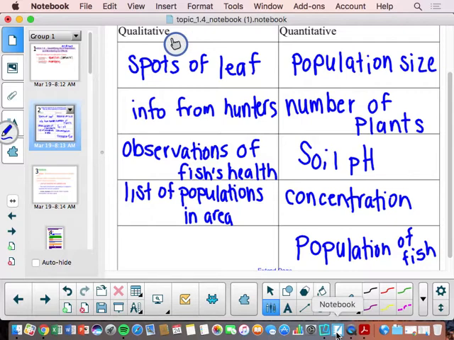A list of populations in an area, you're saying like, oh, there's jackfish and rainbow trout and whatever. You're just saying a bunch of different species. That's not really a number per se, so that would be qualitative.